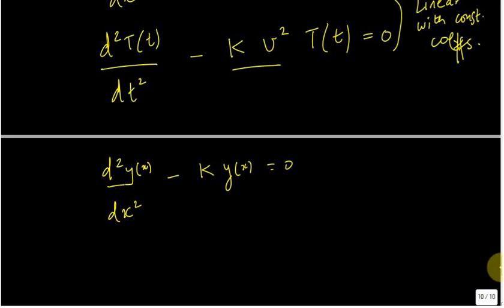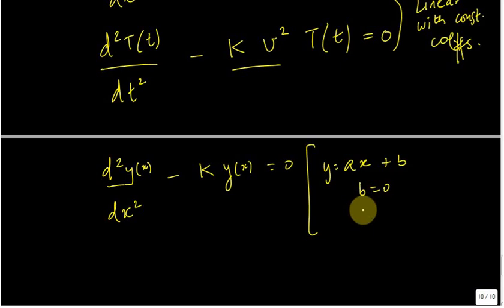Because then I'll have to put my boundary conditions over there, which says that when x is equal to 0, y should be equal to 0, so b equals 0.